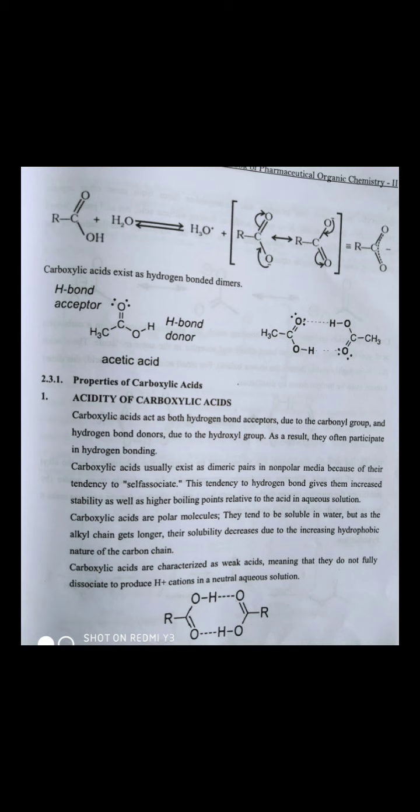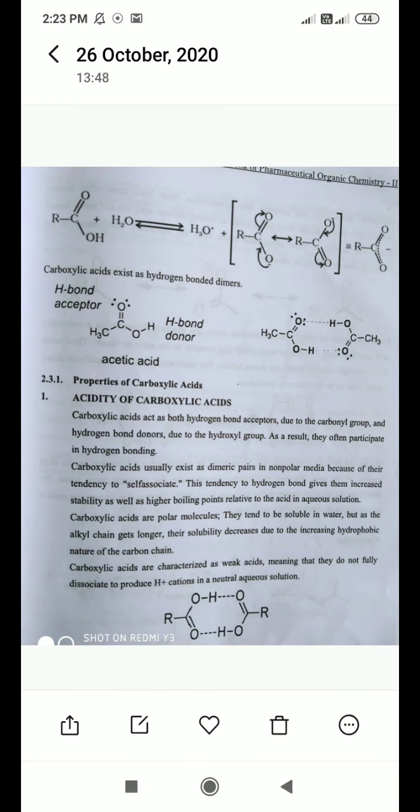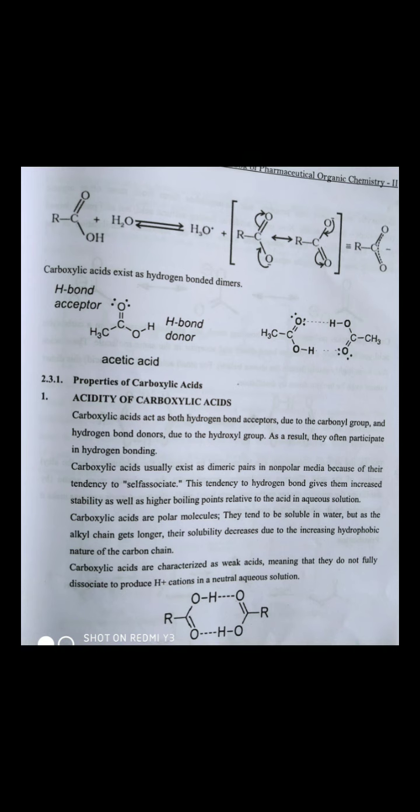Next is the acidity of carboxylic acid. We will see the different factors which affect the acidic nature of carboxylic acid. Here carboxylic acid acts as a hydrogen bond acceptor due to the carbonyl group, because this electronegative oxygen atom attracts the H plus, and as a hydrogen bond donor due to the hydroxyl group.